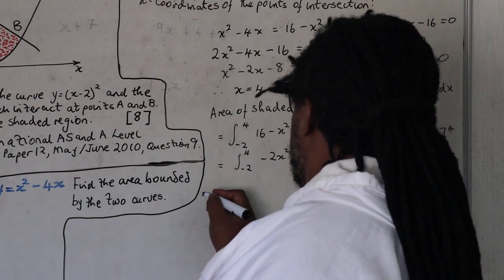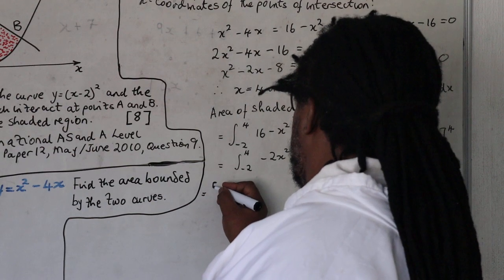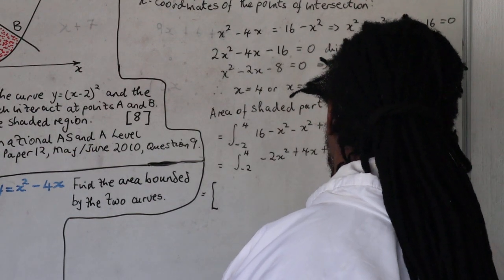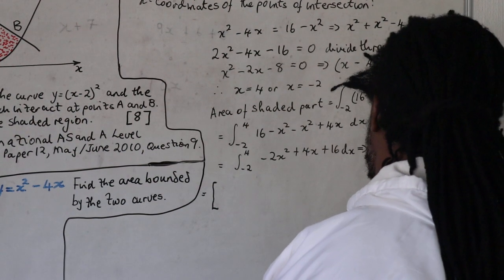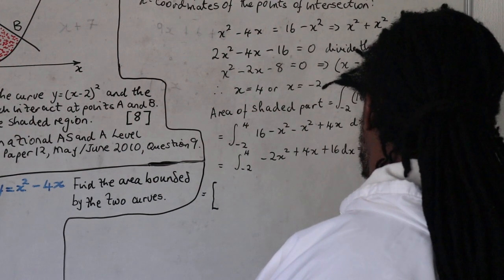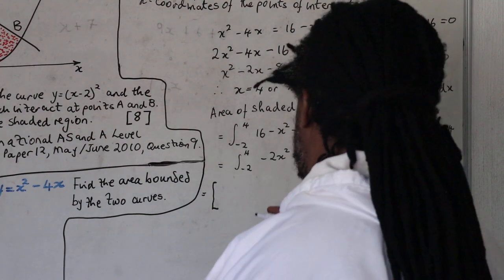So this is equal to bracket, 4 times 4 is 16 times 4 is 64 times 2 is 128.